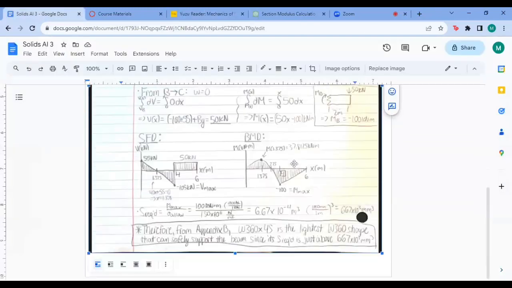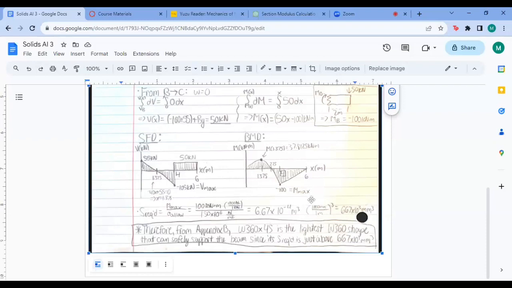And looking at my work, I also did the same calculations. The maximum moment, as you can see from my bending moment diagram, negative 100, took the absolute value of that, 100 kilonewton meters, multiplied by 1,000 to get it to newton meters, and then 150 times 10 to the 6 pascals, but I just simplified that to its base terms, newtons per meter squared. Got 6.67 times 10 to the negative fourth meters cubed.